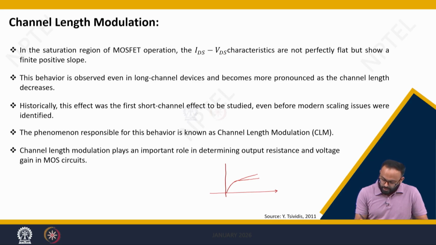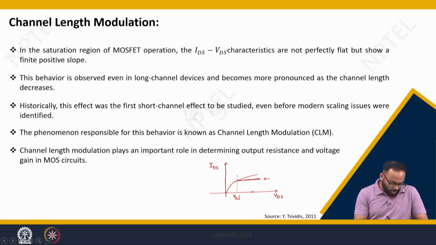What we discussed in our previous analysis is that when you plot IDS versus VDS, the output characteristic of the MOSFET, you find that after a certain voltage, which we call VDS dash, the slope is 0, meaning this current graph is exactly parallel to the x axis.